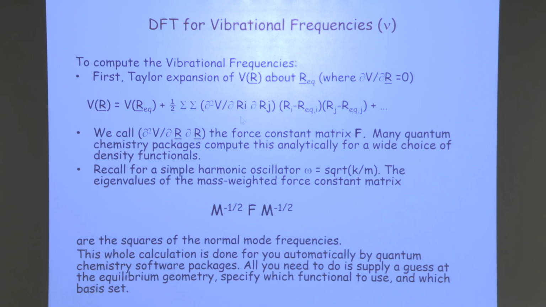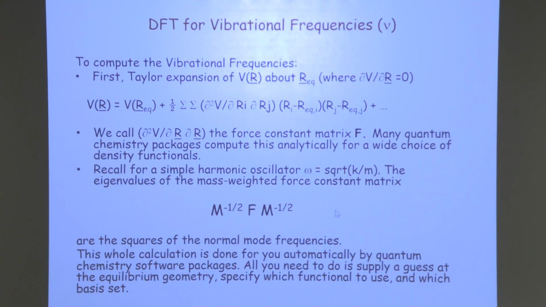So now if I've got to this point, I just need to know this number, the energy at the bottom, and then I need to know this matrix of second derivatives called the Hessian of the potential surface. And from the Hessian, or something that's called the force constant matrix, the Fs, if you mass weight it, it turns out that the eigenvalues of this are the squares of the frequencies that you wanted.